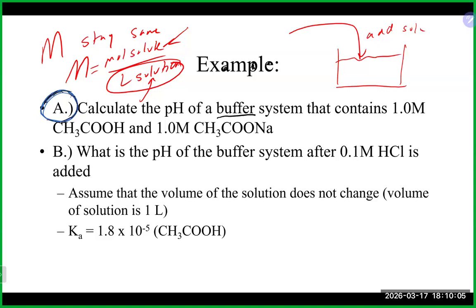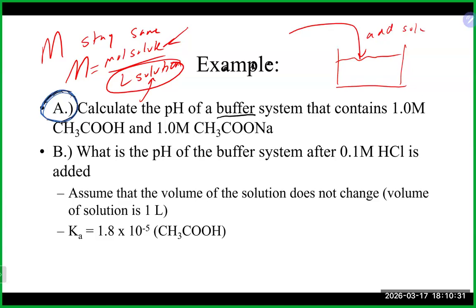So whenever you have a situation, which occurs very commonly with buffers and definitely common with titrations, when you are adding volume to other volume, you have a situation where the molarity is constantly changing. And what that means in terms of your ice table is you need to do the first ice table in moles, because that's going to be constant at that point.